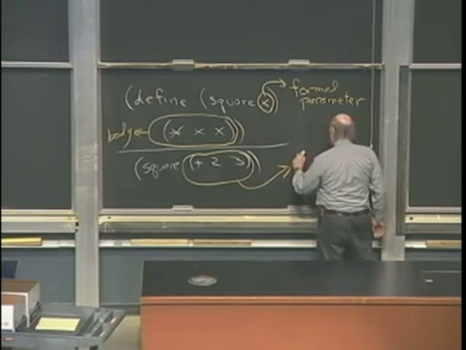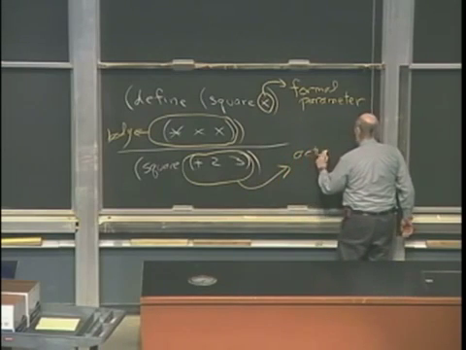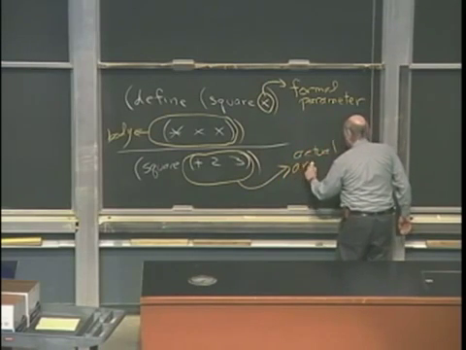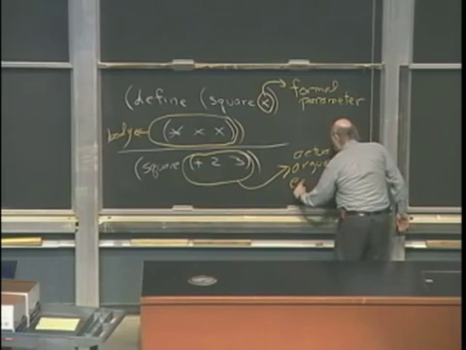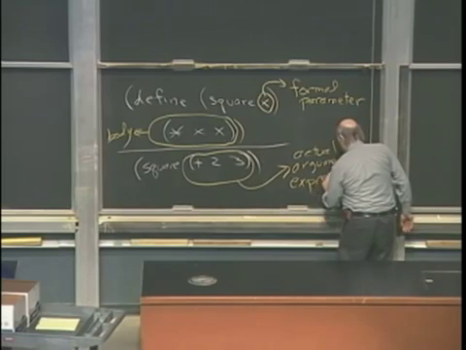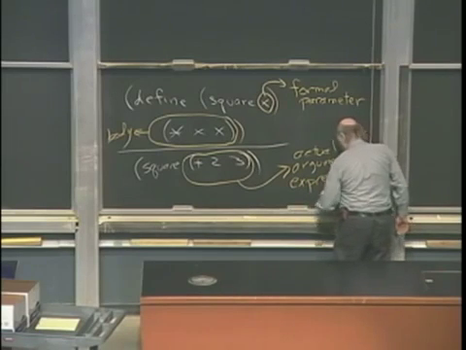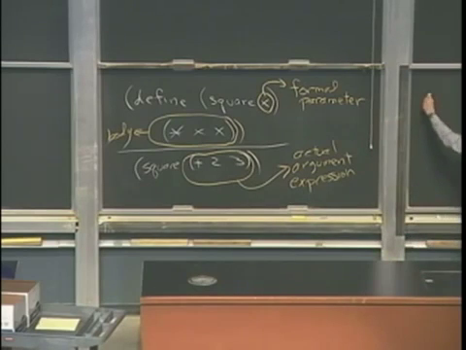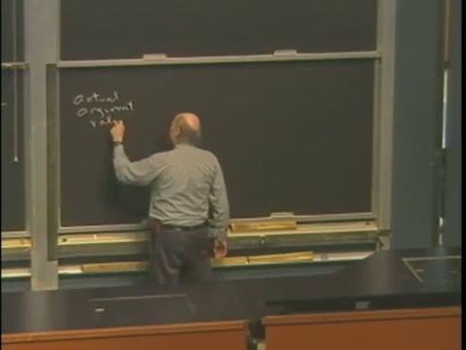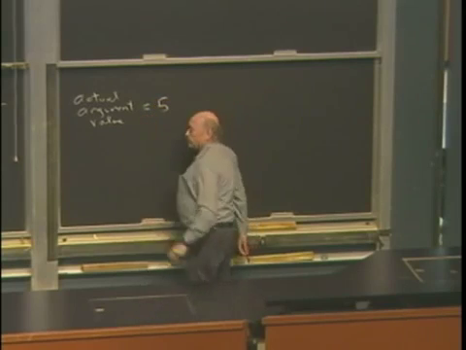This is the actual argument expression. And then a sort of invisible thing is the actual argument value, which is 5.